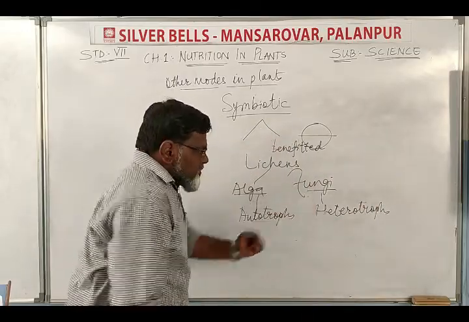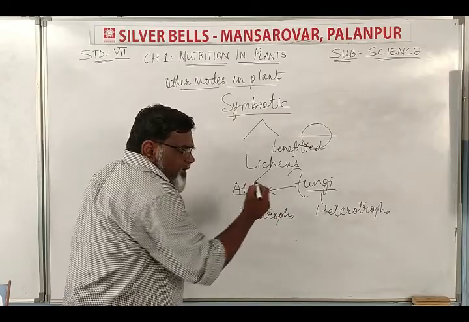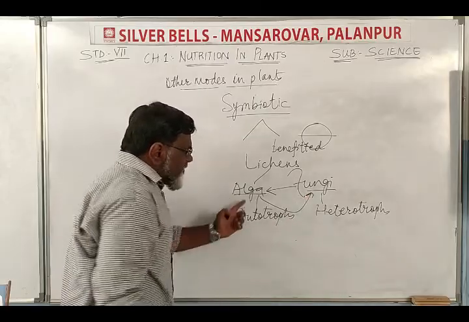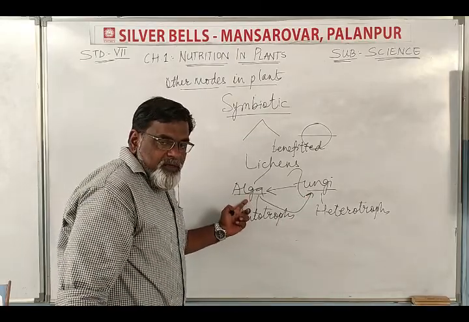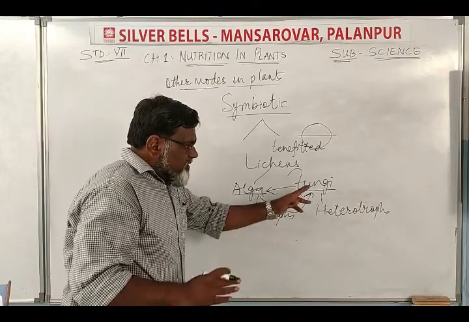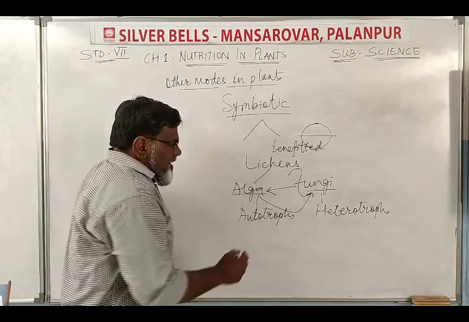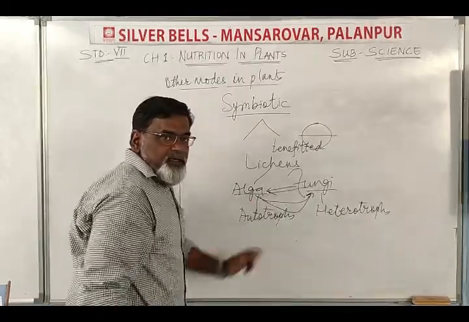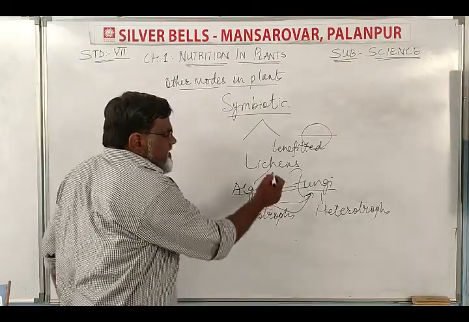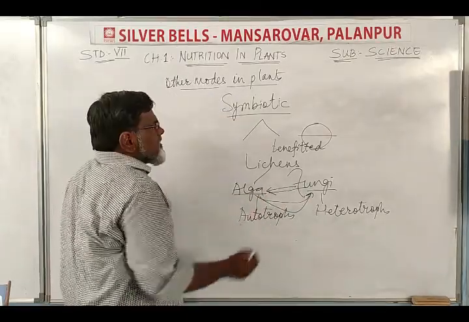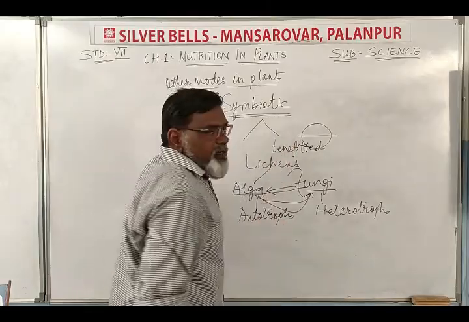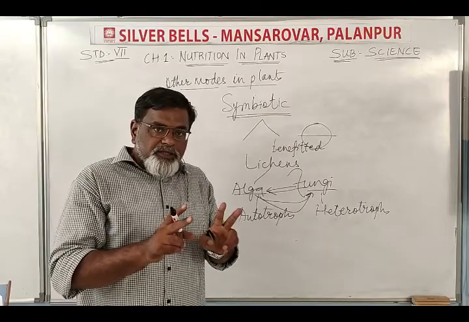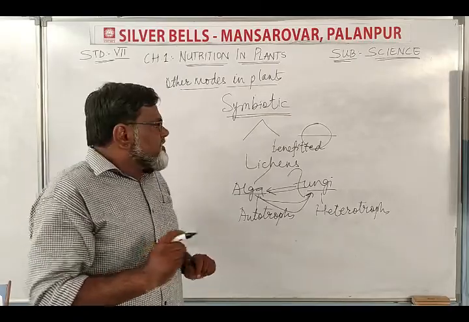They need food, so they take food from algae. And what is the benefit for algae? Algae takes shelter under the fungi. Fungi needs food and algae takes shelter under the fungi. That is, these both benefit from each other and they are called as symbiotic. And this whole process, the benefit from each other, is called as symbiotic process.